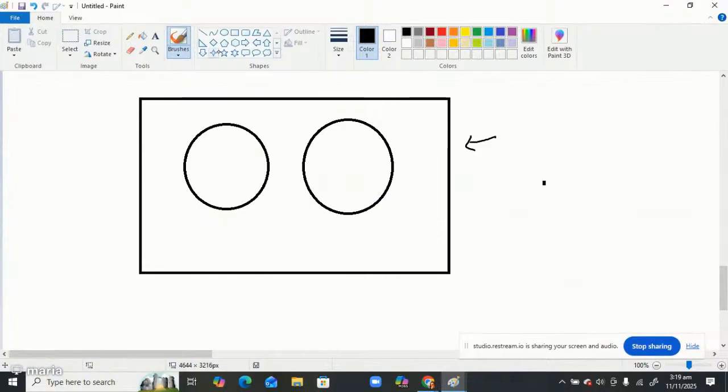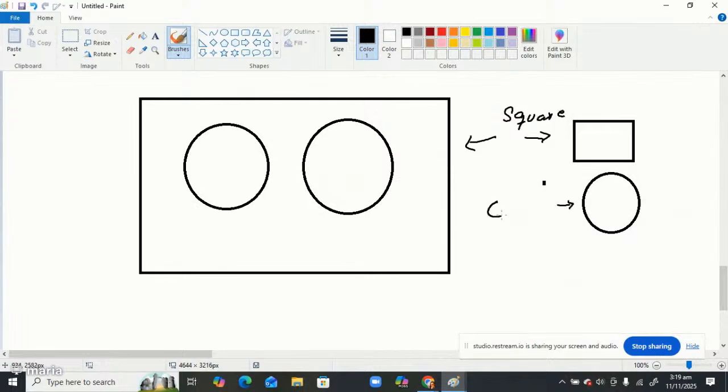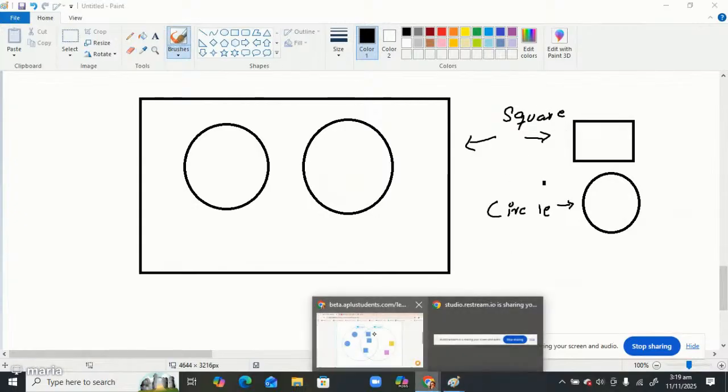This is a square shape, and this is the shape of the circle. This is the shape of square, and here is the shape of circle. Okay, this is the shape of square, this is the shape of the circle.